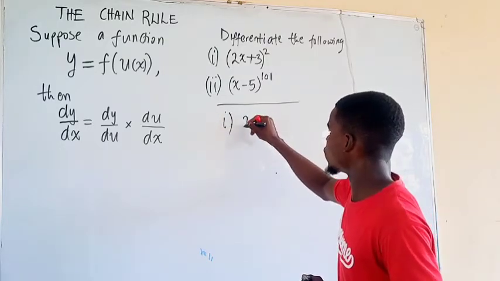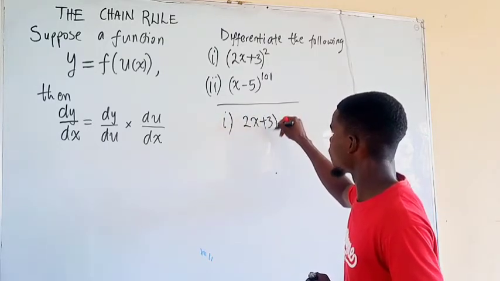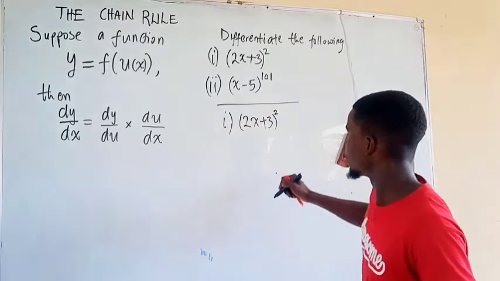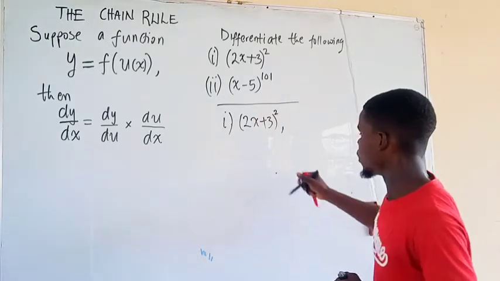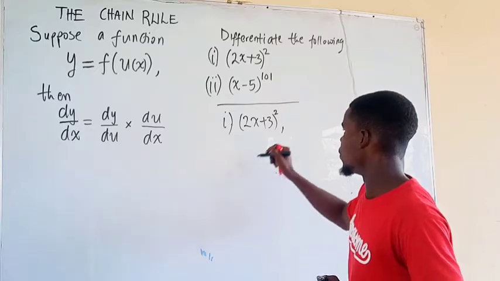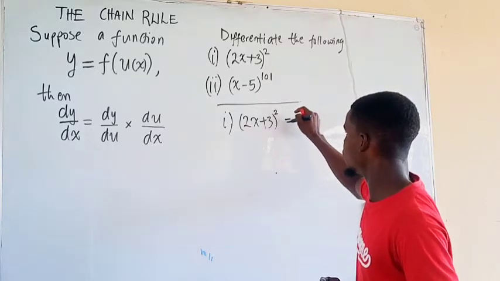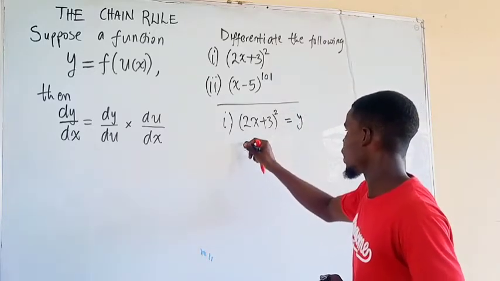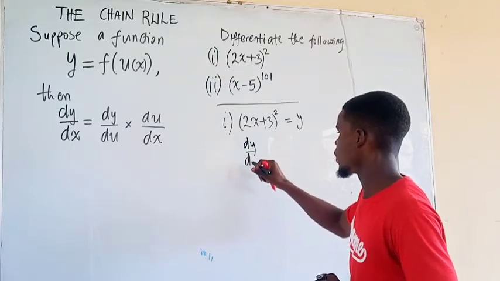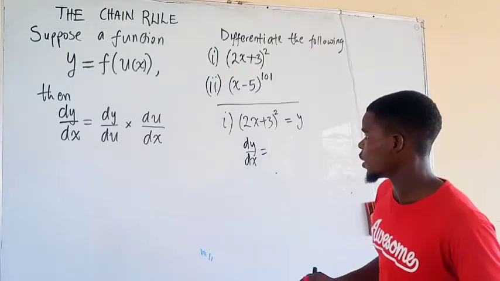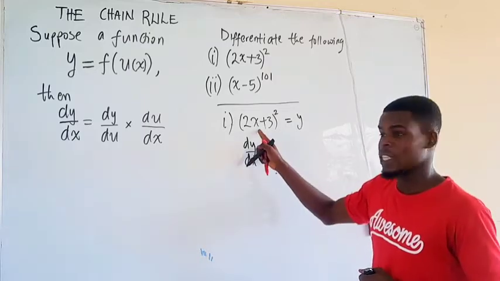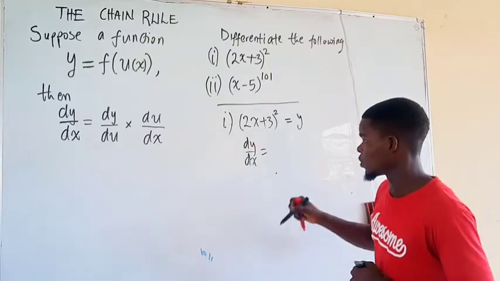So we have the function to be (2x + 3) raised to the power 2. Let's call this function y. So dy/dx, since this is the function written in terms of x, will be, well, we go ahead and expand this and then differentiate that.